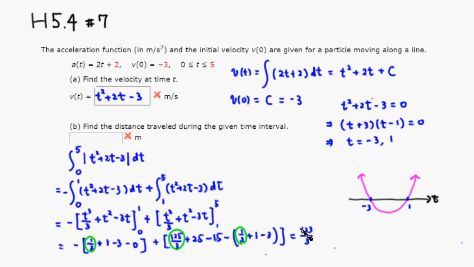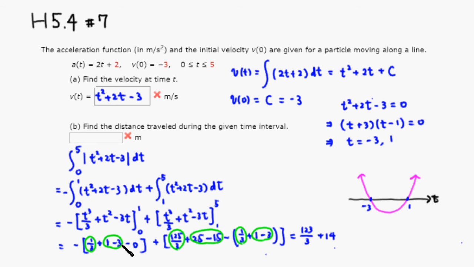And then you have negative 2 with the negative sign, positive 2. This is going to be 10, so it's 12. And another positive 2, so it's going to be 14. So this is going to be plus 14.